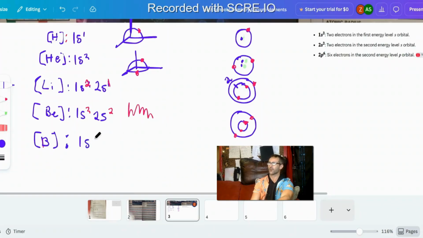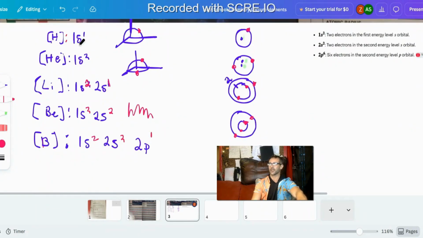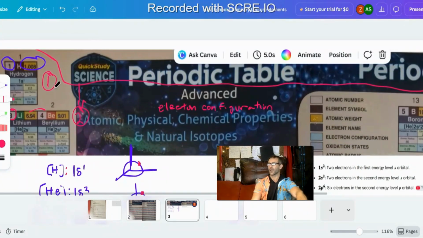So yes, you'd still have 1s2, 2s2, but now you have something that I'm about to introduce that is new, 2p1. So the p means that, unlike the s orbital, which can only have 2 electrons, for the alkali metals and alkaline earth metals, okay?